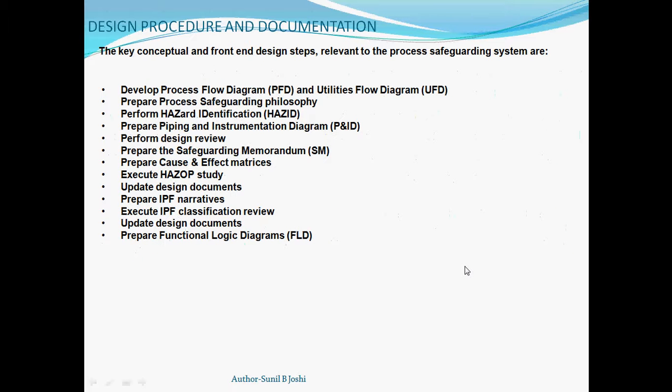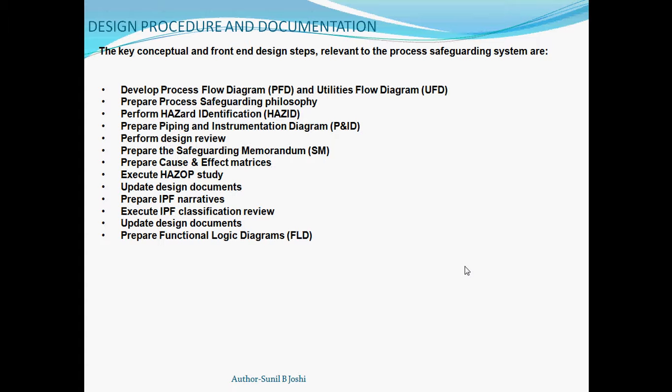Now what are the key conceptual and front-end design steps relevant to our process safeguarding systems that are applied in industries? In general, the process flow diagram and utility flow diagram are developed. Then we also develop the process safeguarding philosophy. So what is the philosophy of protection for the plant in a major overall context that we try to determine.